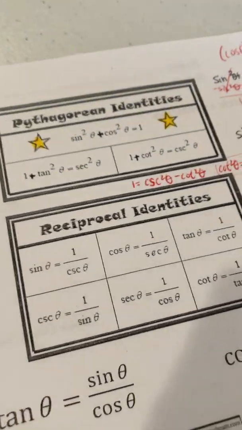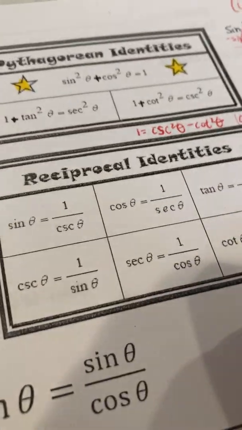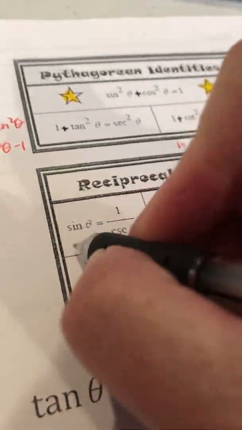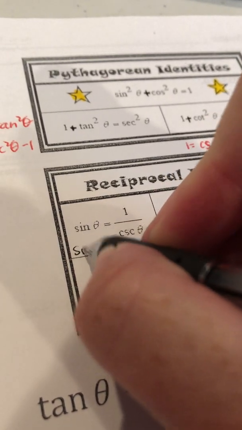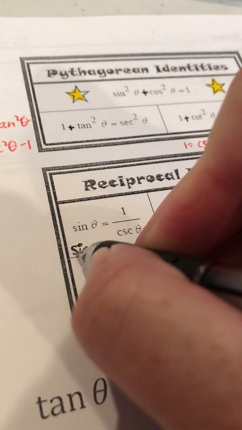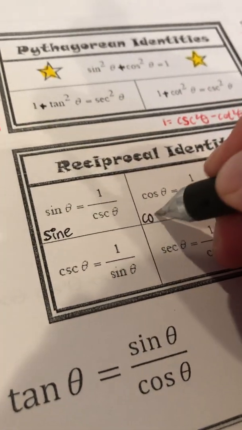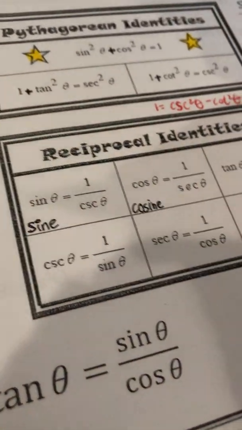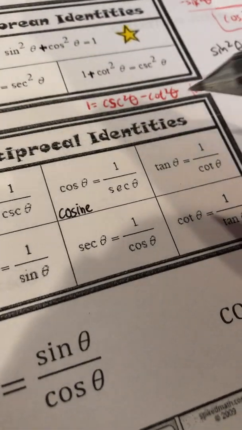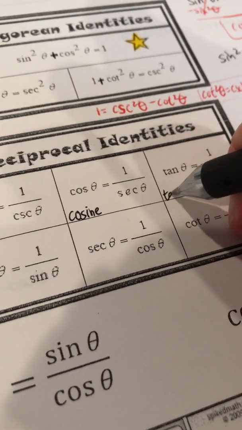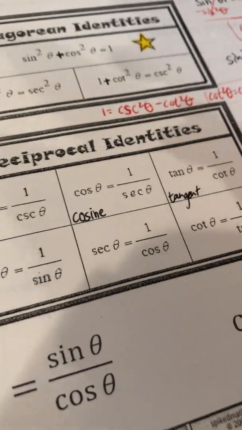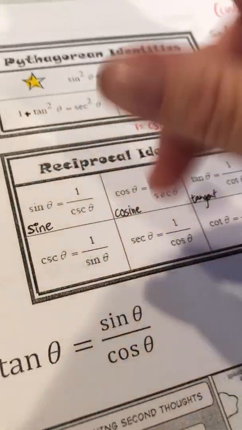Okay, so here's all the words. This is not sin. We're not in church. It's actually sine, just abbreviated. And cosine, not cos, cosine. And you could call it tan, but it's technically tangent. And then they're inverses, which means I can flip it.